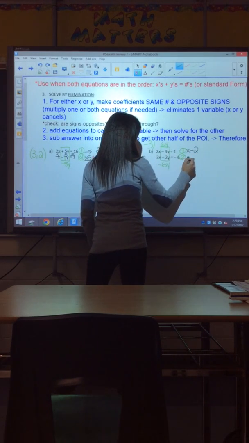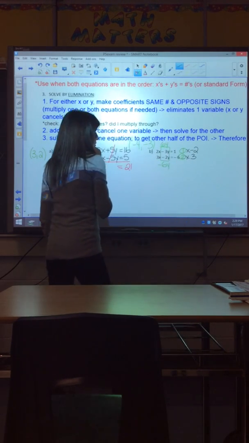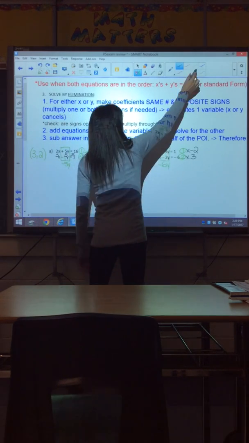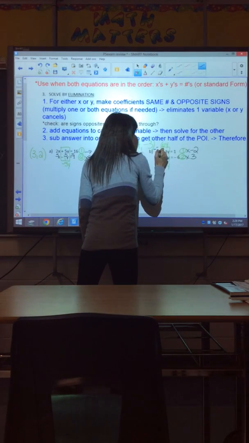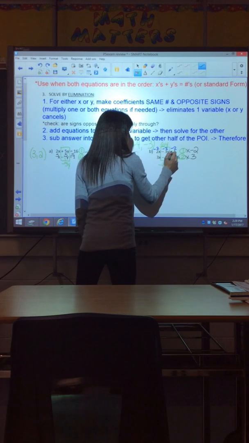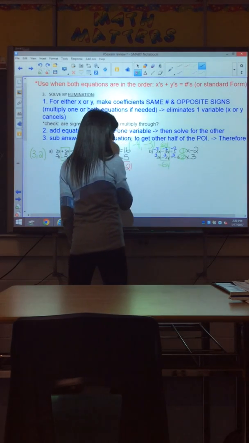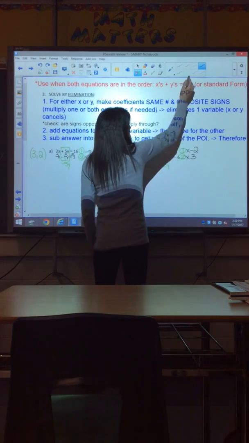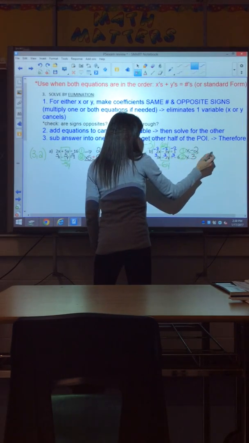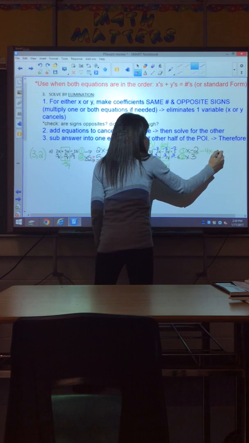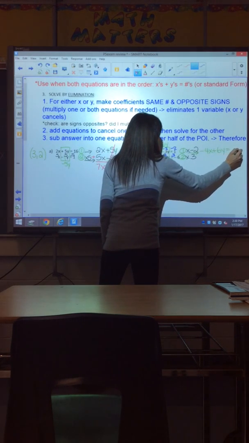Good. And the second one by positive 3. So I'm just going to multiply the entire equation. Remember, you're doing it to the whole thing. So minus 2, and minus 2 get multiplied by each of those terms. Positive 3 times the entire second equation. I end up with negative 4x plus 6y equals negative 2.